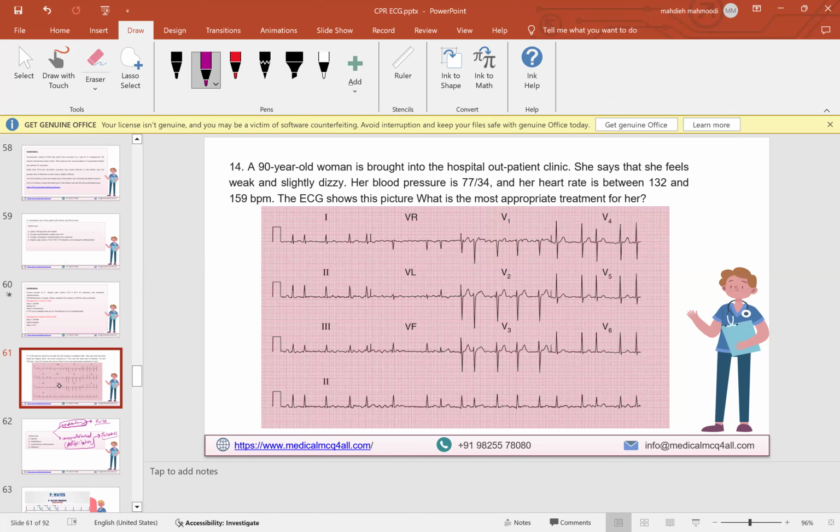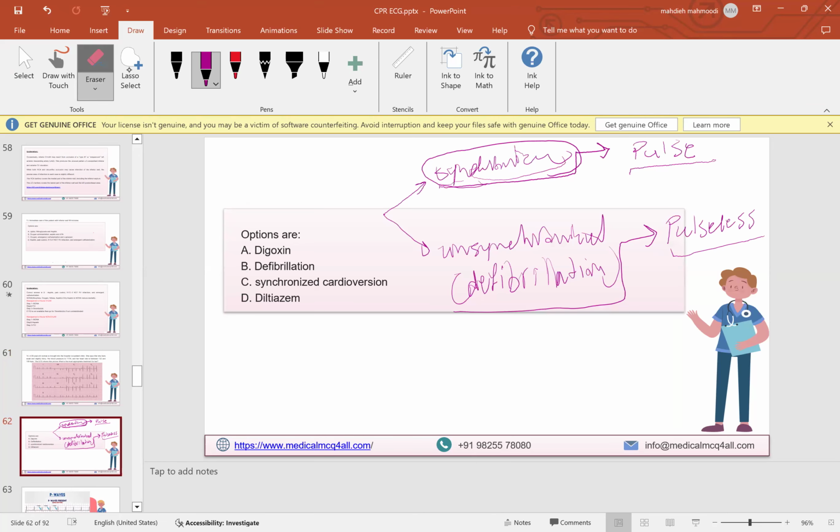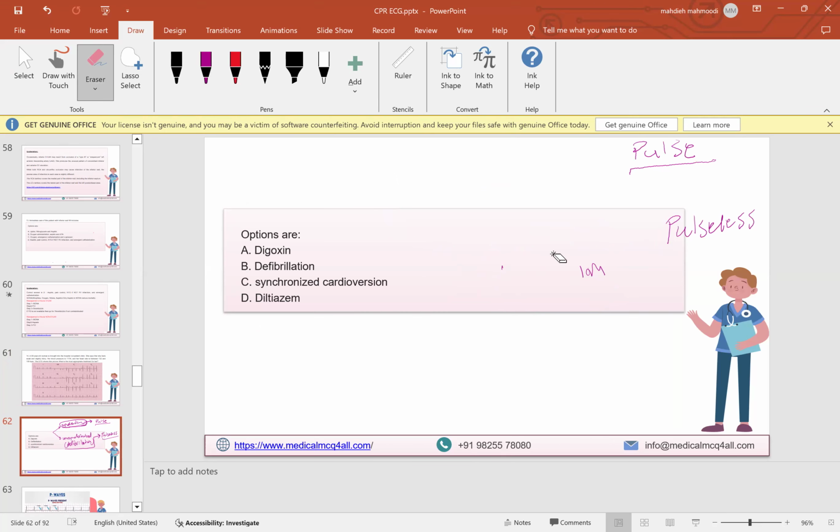It's a very, very good thing that in the algorithm of the management of narrow complex tachycardias, it actually does not at all matter what it is. The management does not have anything to do with the name of the rhythm. It actually just works with a few simple questions. Anyone could answer that.